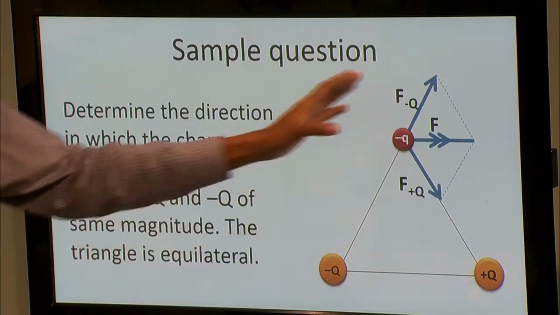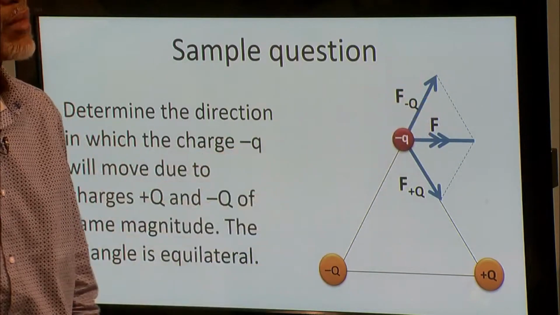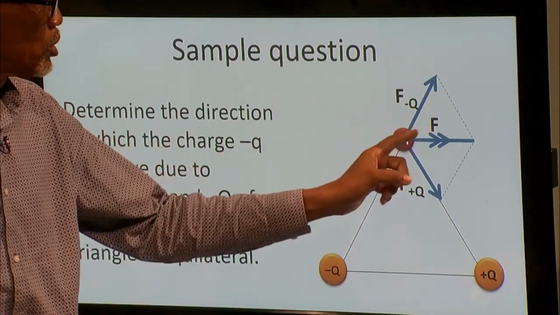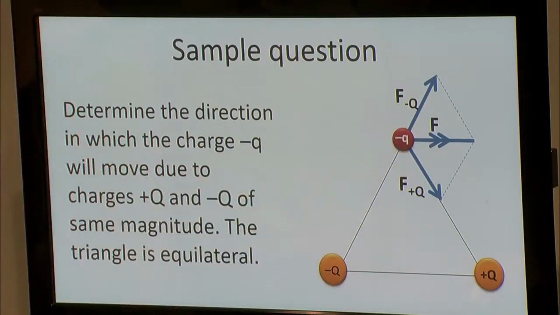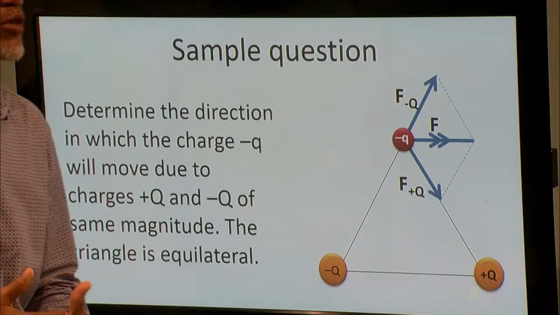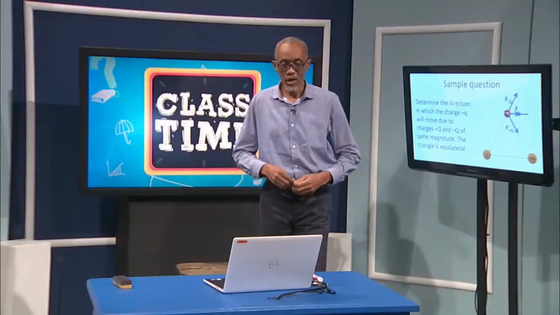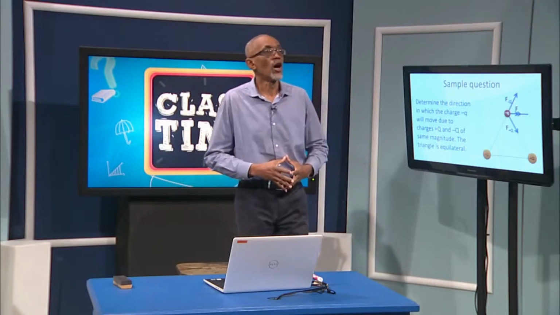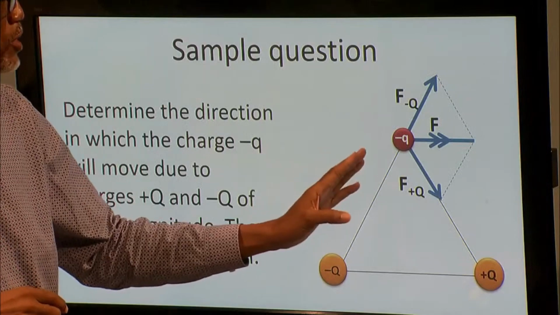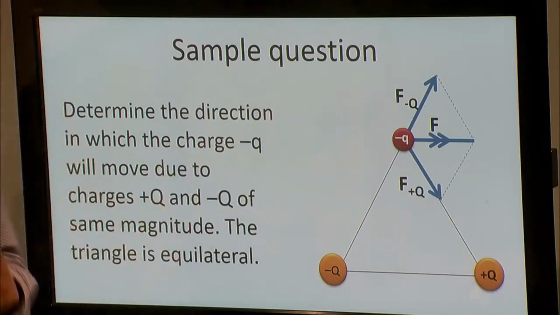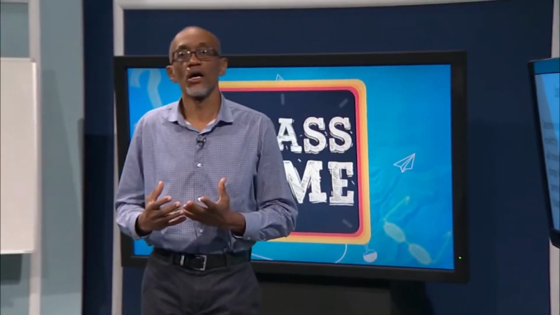And when you find the magnitudes, you'll do a little mathematics to determine what that F is. So it didn't really set up a question for that, but it's just to give you an idea of how other charges impact this charge when one charge is in the field of other charges.